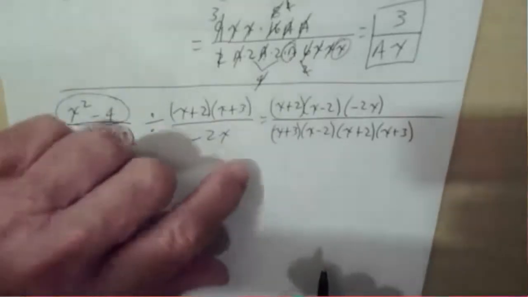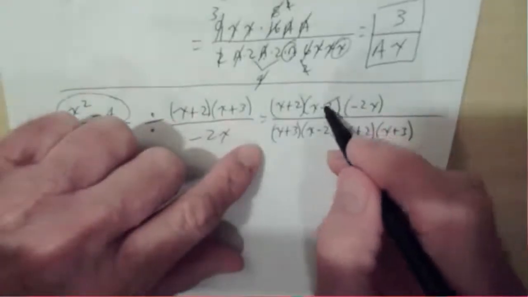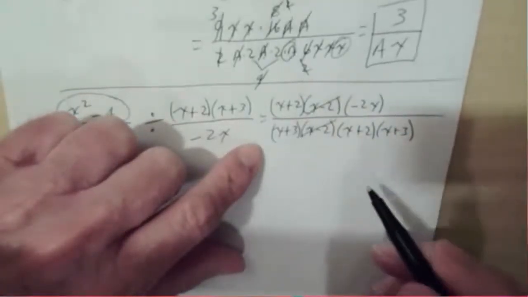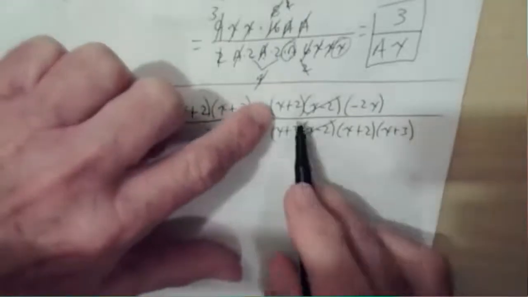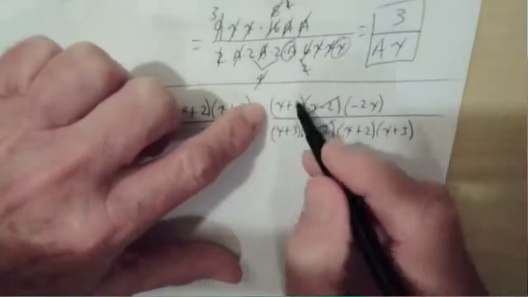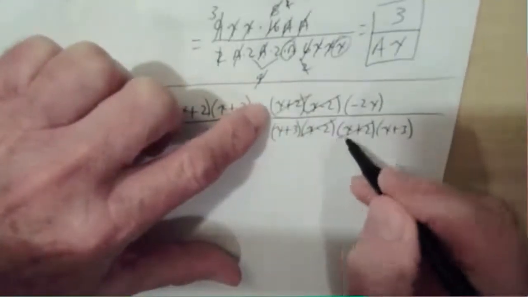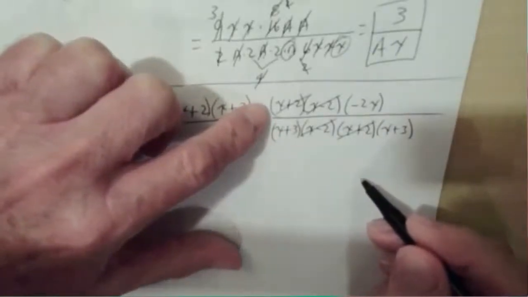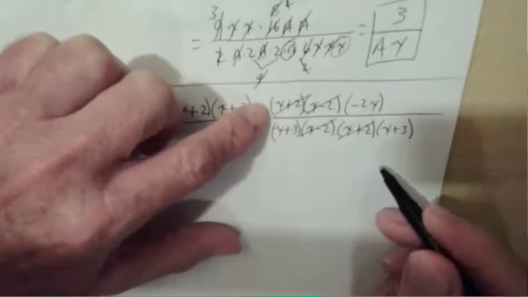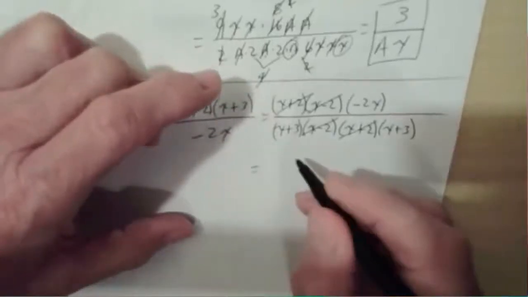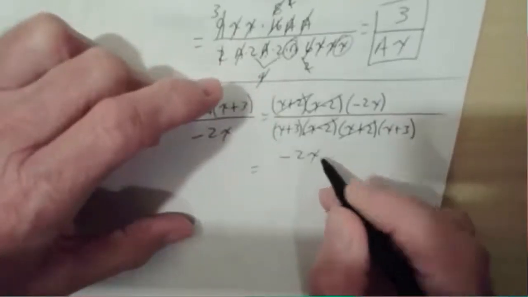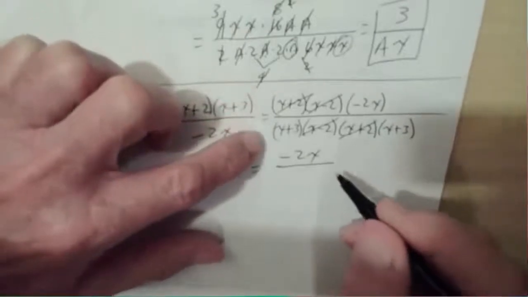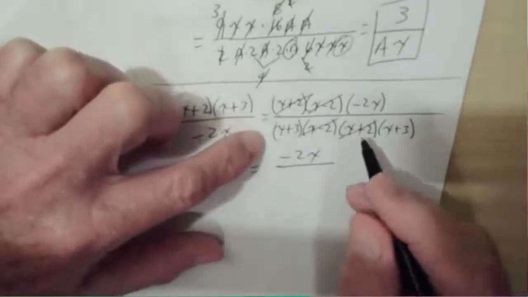Okay, x minus 2 and x minus 2, those cancel. X plus 2, and here's an x plus 2. We can do that. And looks like that's it. Is there anything else we can do? I don't think so. So we have negative 2x in the numerator, and x plus 3 times x plus 3.